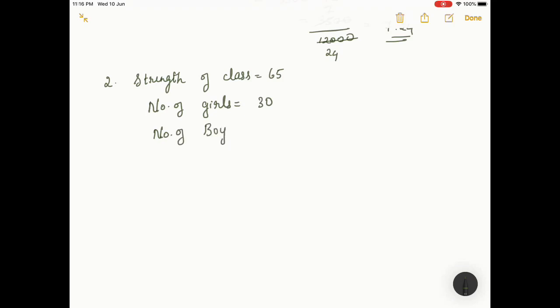Number of boys equals 65 minus 30, that is equal to 35. Now we need to find out what is the first question given. Just have a look. First sub question is: ratio of girls to boys.